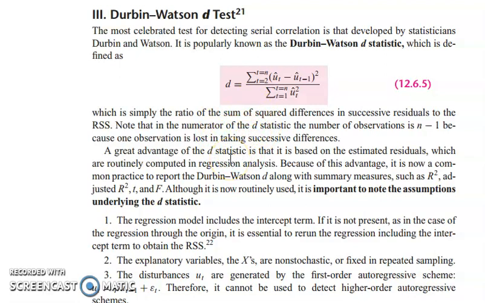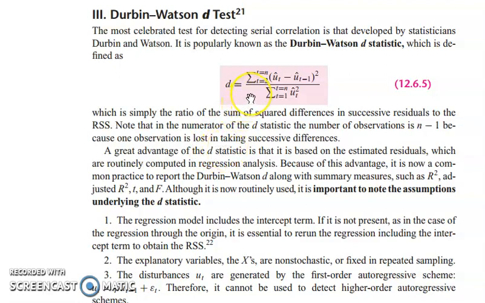You need to have the H null and H1, the alpha level, the test statistic, the critical value, and you need to make the decision. For detecting autocorrelation using a statistical test, your H null would be no autocorrelation, and your H1, or alternative hypothesis, will be that there exists autocorrelation.